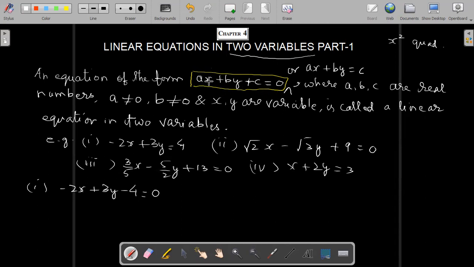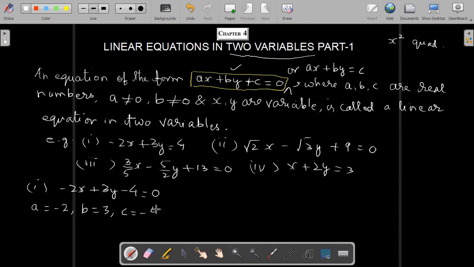So what is before x? The coefficient of x, that is minus 2. Therefore a is equal to minus 2. And comparing with the coefficient of y, b is 3. Similarly, the constant term c is minus 4.